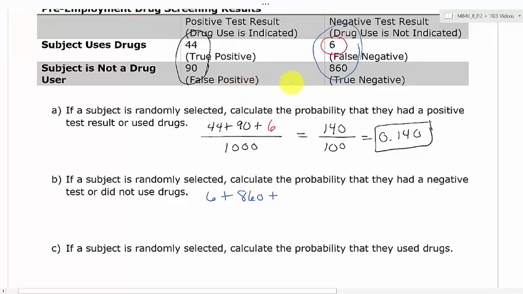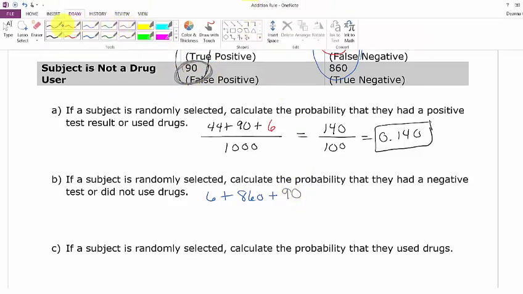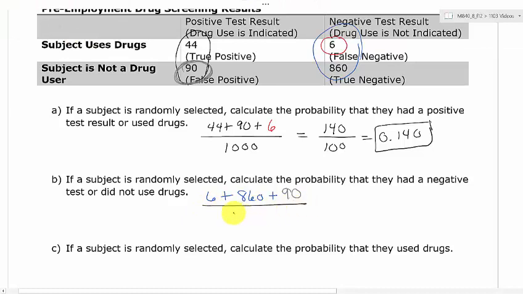And so the number of people who did not use drugs are these 90 people. So we need to add on another 90. And then we want to divide by our total number of people, which is 1,000. And so that's a total of 956 divided by 1,000. And as a decimal, that's 0.956.